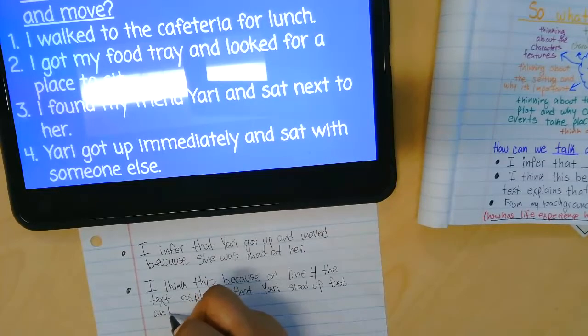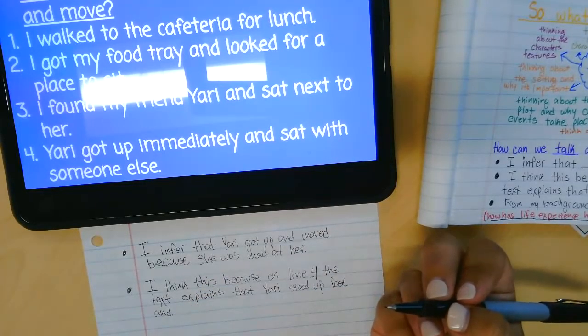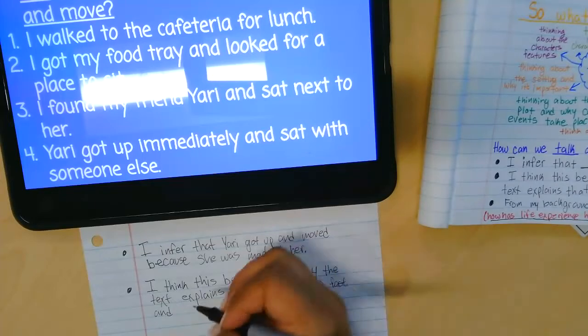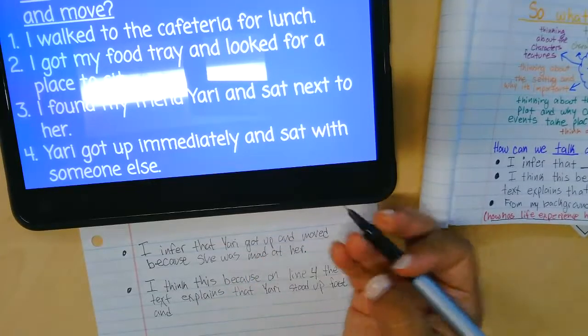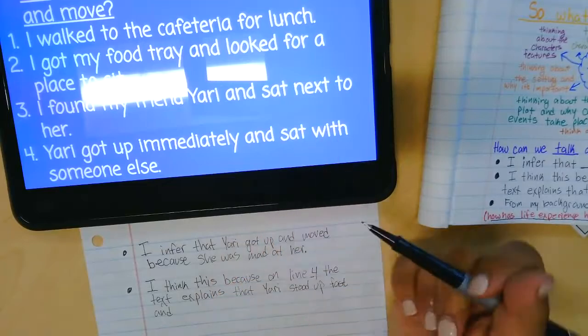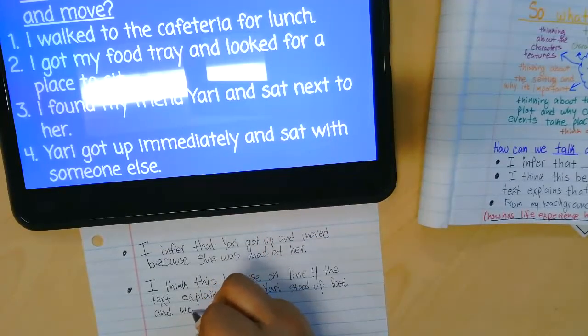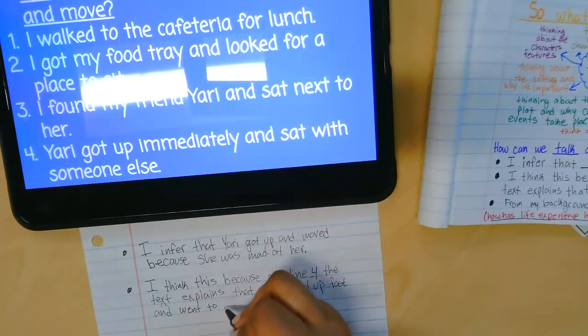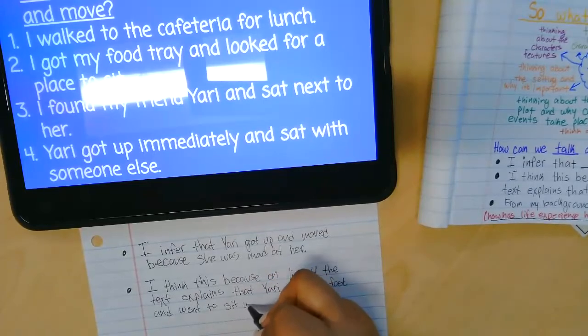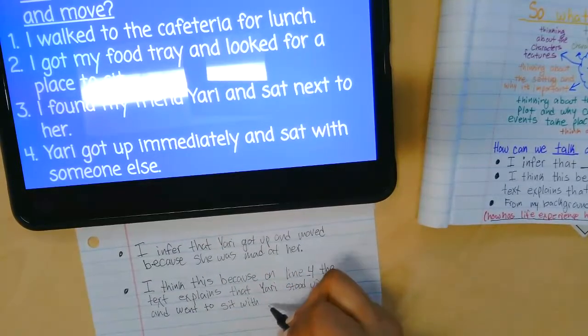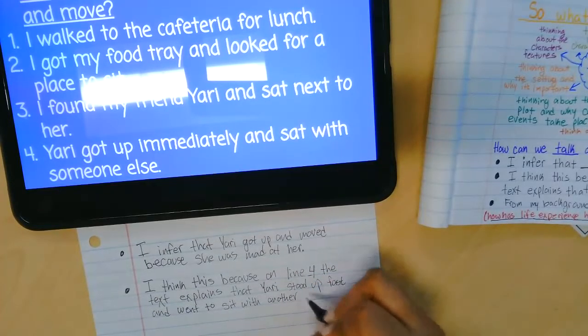And stood up fast and, let's see, went to sit with another person. Okay?